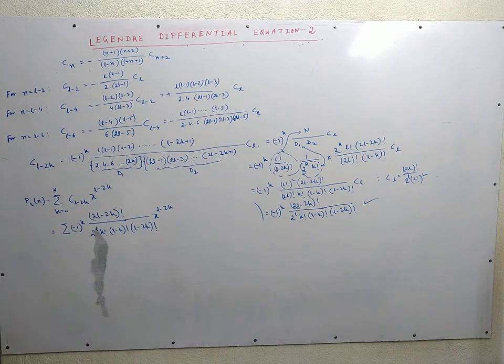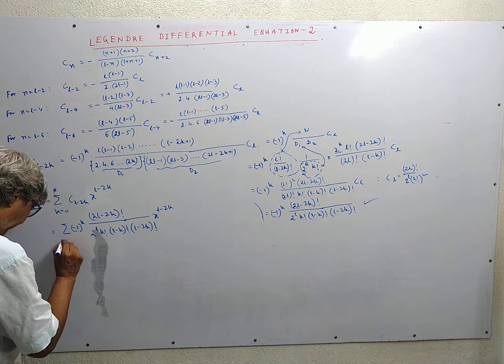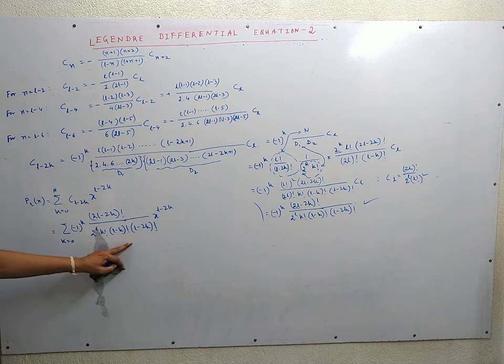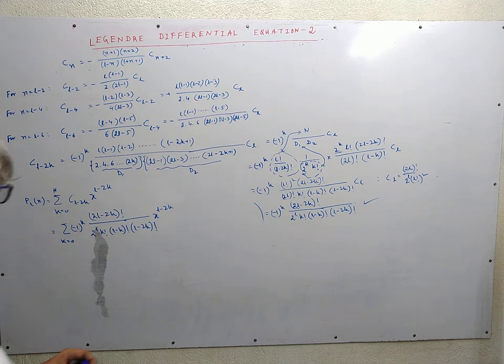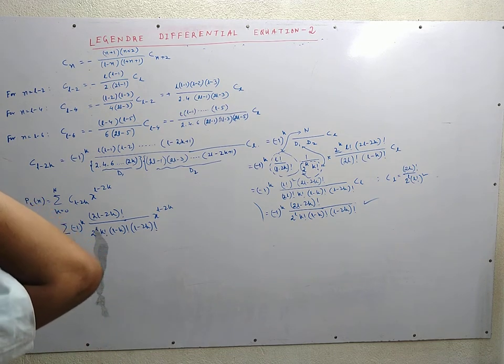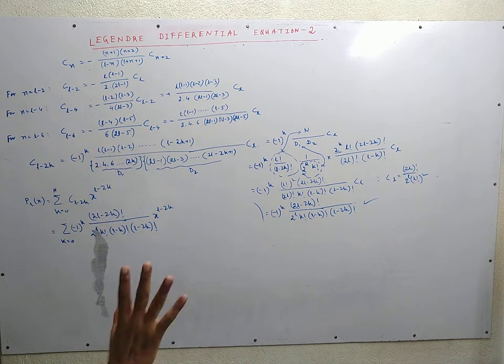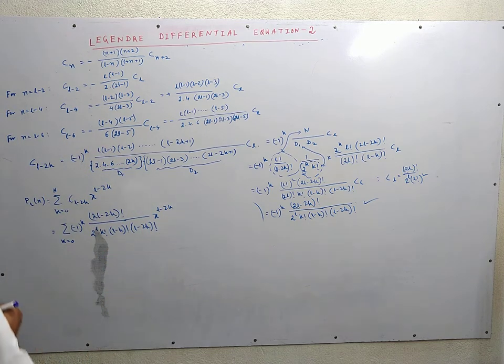Now the minimum value of k is 0 indeed. What will be the maximum value of k? That is determined by the property of the factorial. For integral values, the factorial of a negative integer is not defined, it blows up. Only factorial of 0 is defined by convention.